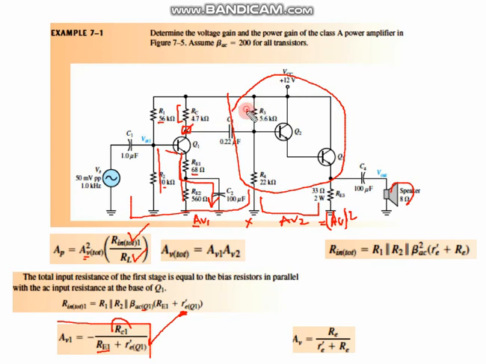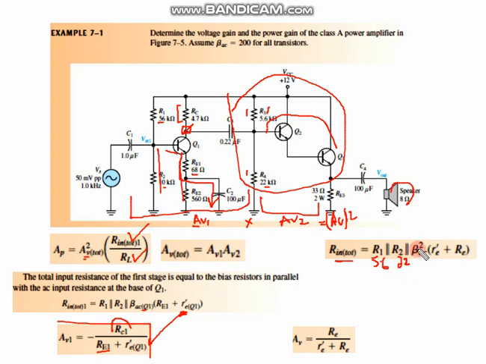So it will be R3 parallel to R4 parallel to R in base of these Q1 and Q2. I can write this as R1, which is actually R3 over here, so I put the value 5.6, and then R2 is 22, so I put the value 22.